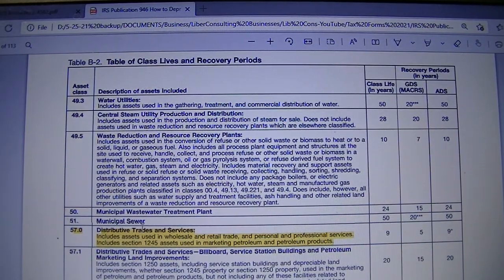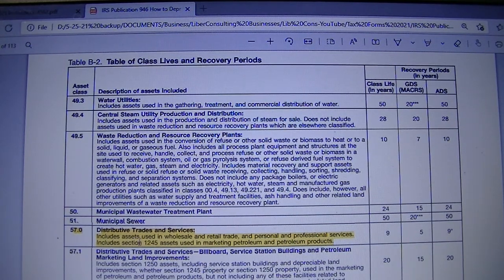If that's the business activity that is using the assets, then you will read the description of the asset listed under that business activity. So here they say it includes assets used in wholesale and retail trade and personal and professional services. So those types of activities are under asset class 57.0.